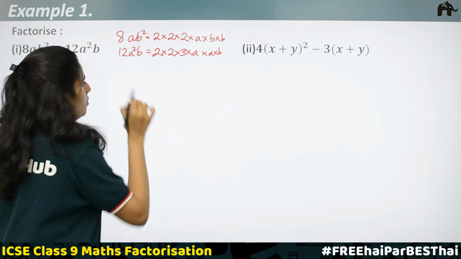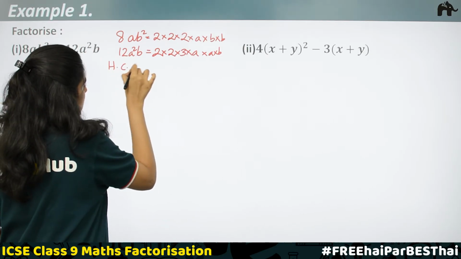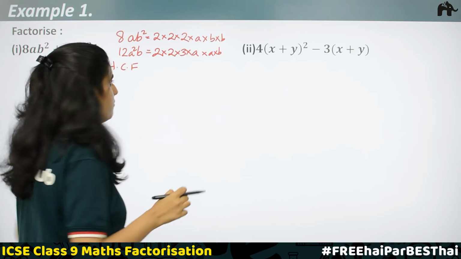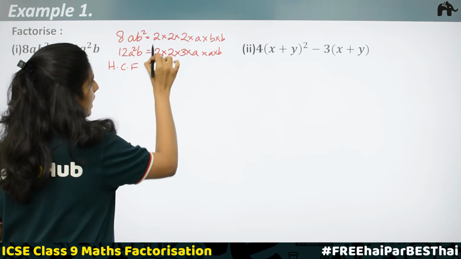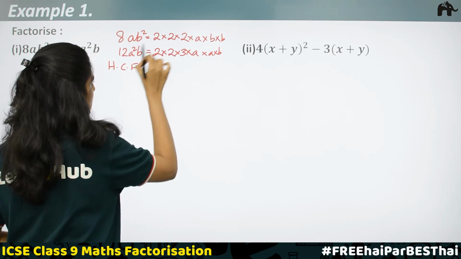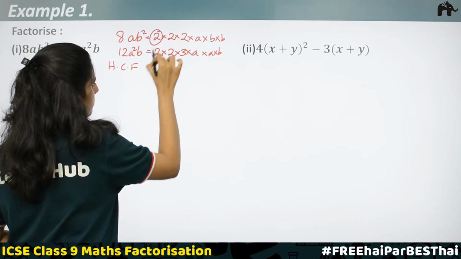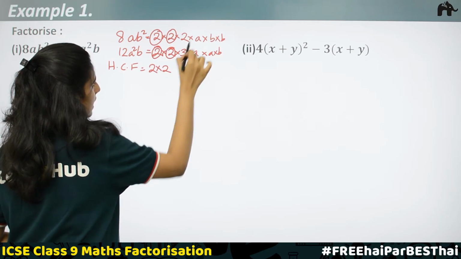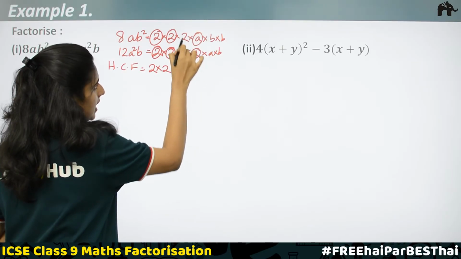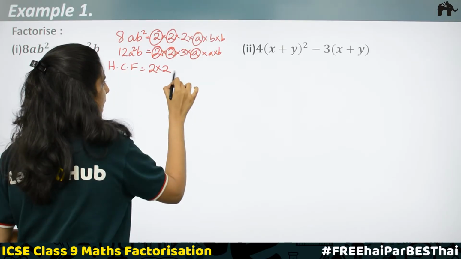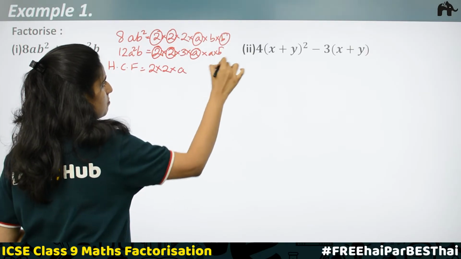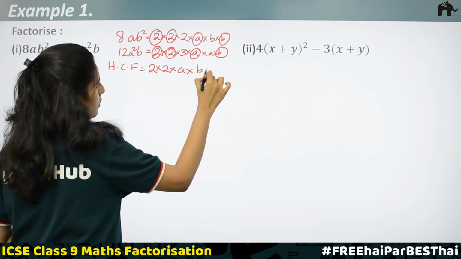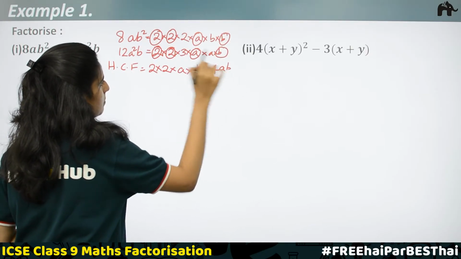Now, to get the HCF, what should be done? What is HCF? Highest common factor. To get the HCF, we are taking the common factors from both these terms. 2 is common, so 2 is taken. Again 2 is taken. Here we have 3 and here we have 2, which cannot be taken. A can be taken, and B can also be taken. So you will be getting 4ab.